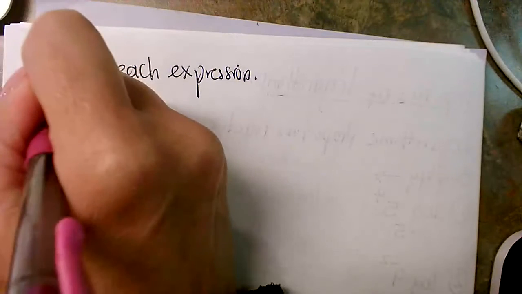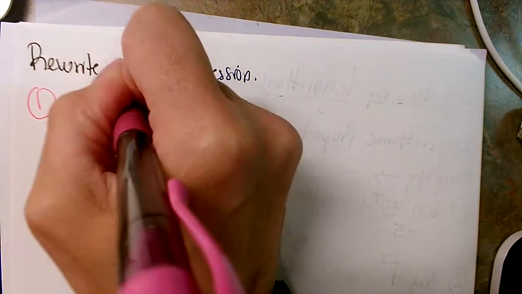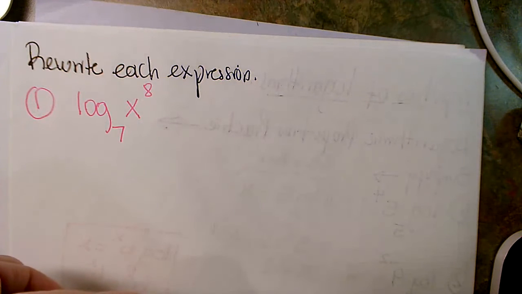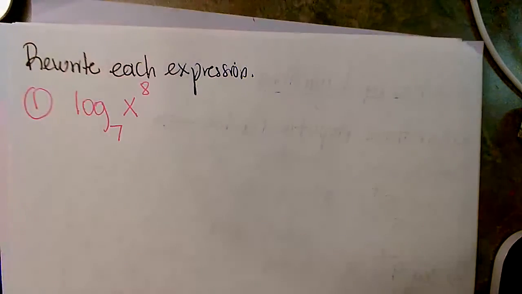So here, the first one is log base 7 of x to the 8th power. They just want us to rewrite that.